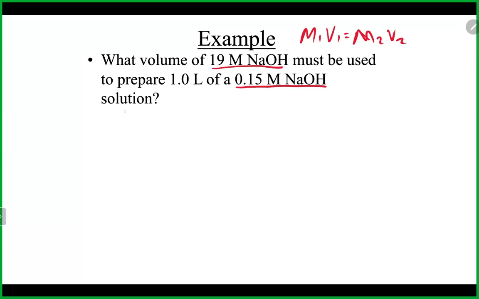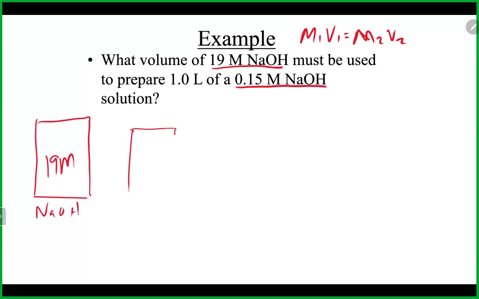And here, what we basically got going on is we got a bottle sitting here. There you go, 19 molar sodium hydroxide. And we basically want to make a new bottle or beaker that has a total volume here of 1 liter, which is 1,000 milliliters, right?